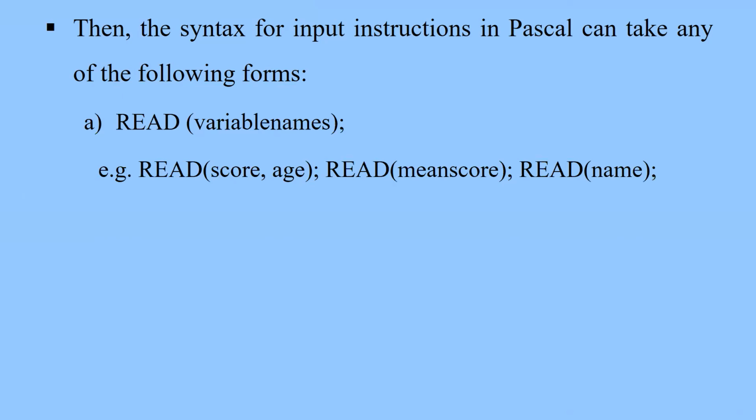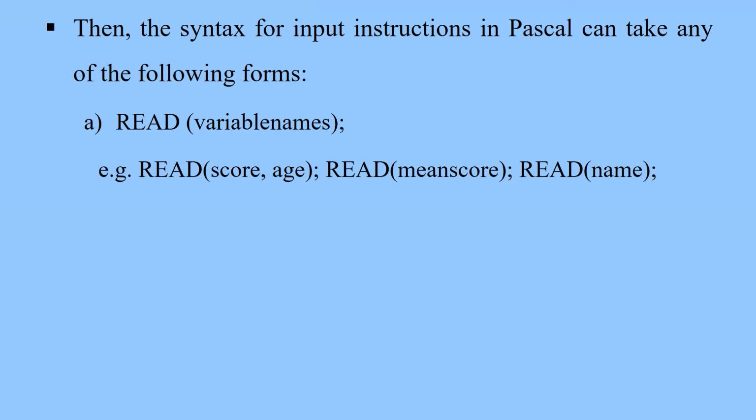If you want to read miniscore by its own, always separate the different data types with their own separate reads. Don't combine float with integers. Because miniscore is a real, or what we call float, you read it separately: read miniscore.